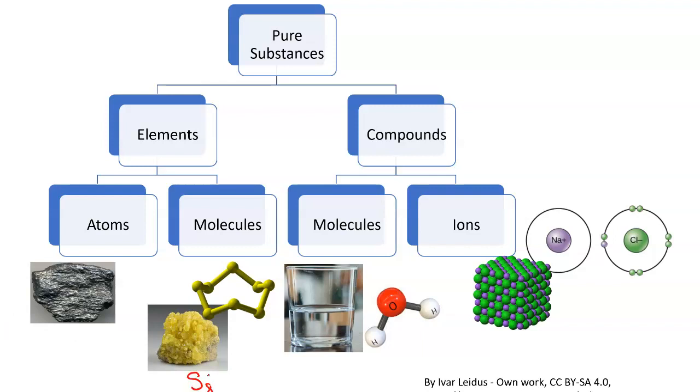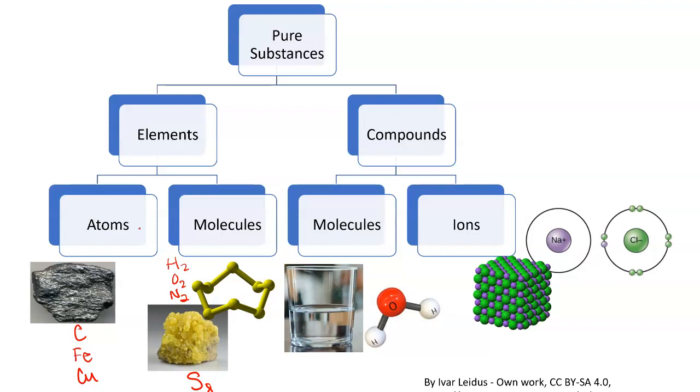There are other elements that make molecules as well, like the diatomic ones we've talked about, H2, O2, N2, and then the atoms. We've got carbon, and then a lot of the metals too, like iron, or phosphorus is another one that makes molecules. So something like maybe copper. So atoms or molecules, but they're still a single element.